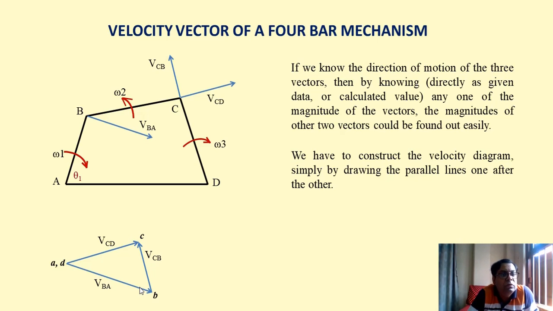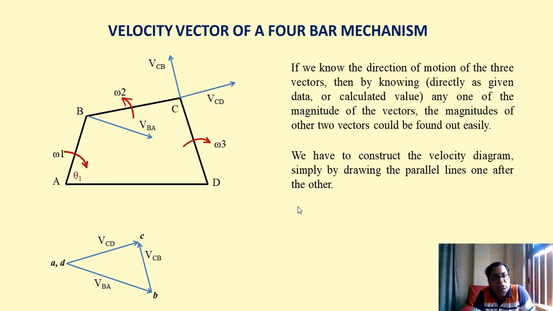Now if we know the magnitude of this particular length. For example, how do you know the magnitude of this particular length? Suppose the omega value is given as 2 radian per second, and suppose this length AB is known, for example it is 5 meter.